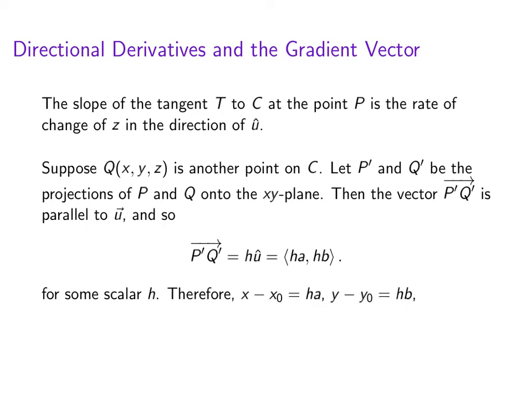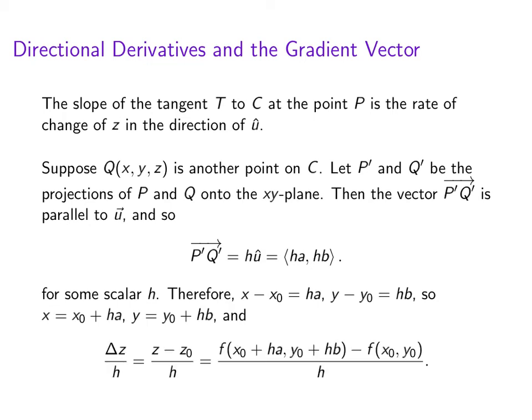So we'll say that x minus x naught is equal to ha, y minus y naught is equal to hb. And then if we rearrange, we'll get x is equal to x naught plus ha, y equals y naught plus hb. And so now, if we take the change in z over h, we get this expression, f of (x naught plus ha, y naught plus hb) minus f of (x naught, y naught), all over h.